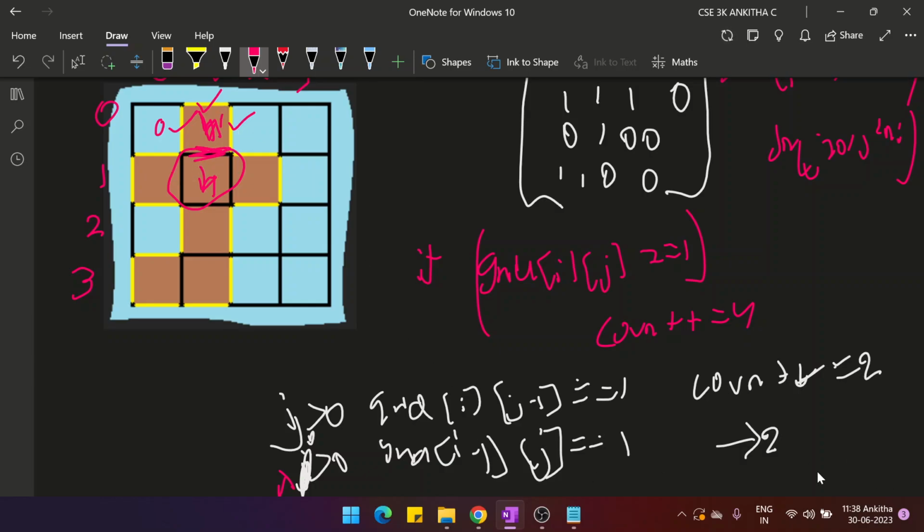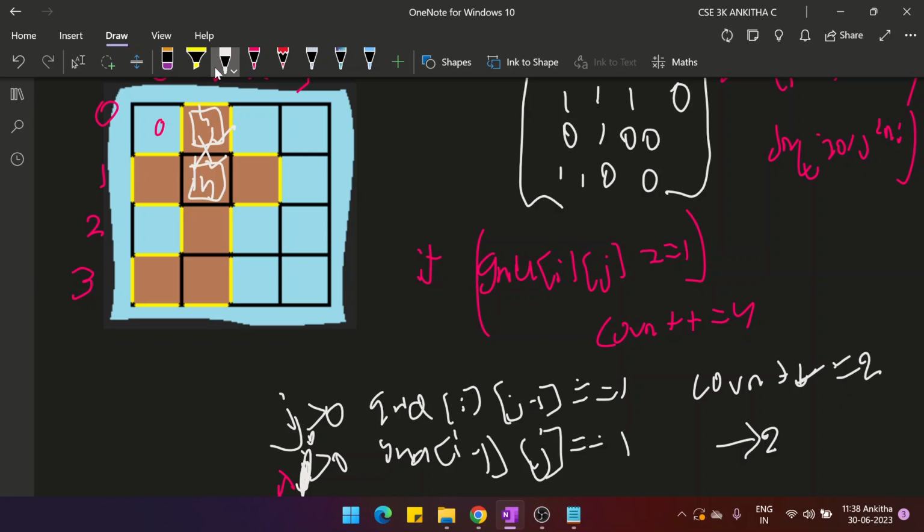We decrement by 1 for one perimeter counting for this, another perimeter counting for this, because we have incremented it by 4 for each. Here it is 4, here it is 4. This has one perimeter of 4, this has one perimeter of 4. We have to cut down this shared edge, which is taken out from both, a total count of 2. So that's why we are subtracting by 2.